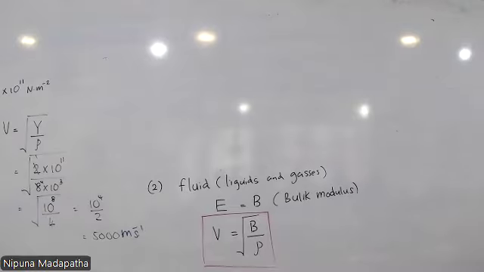Find the speed of sound in air. The density of the air is 1.3 kg m to the minus 3.